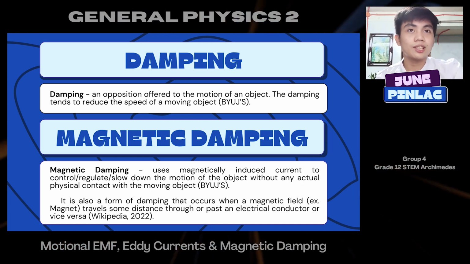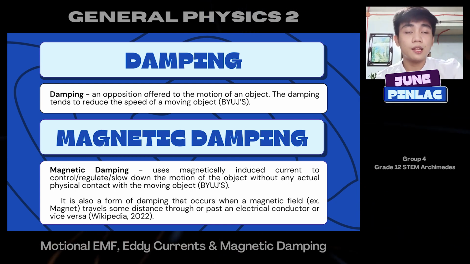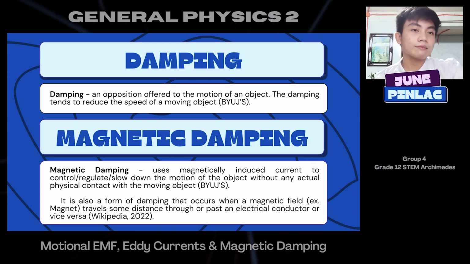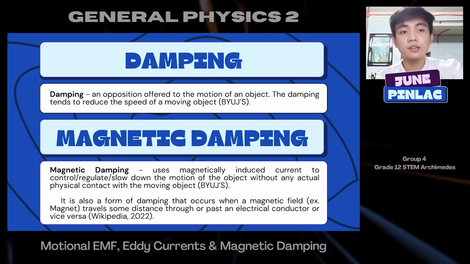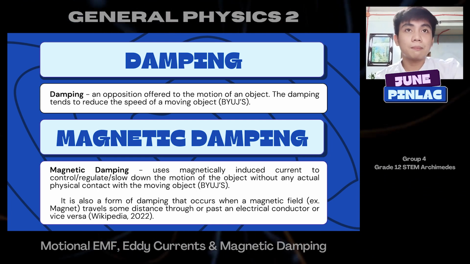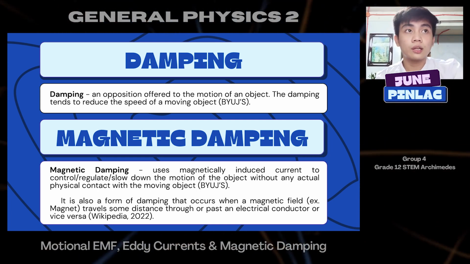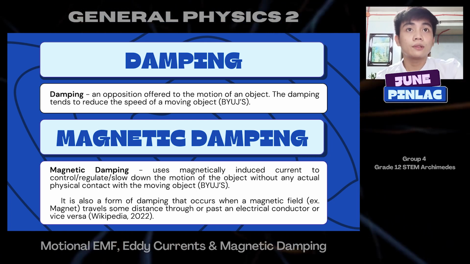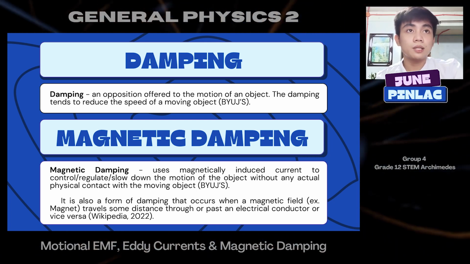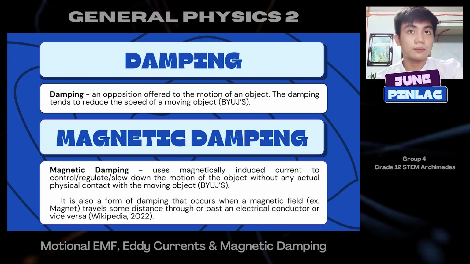In our lesson that relates to motional EMF and eddy currents, ang damping technique na ating ipofocus ay magnetic damping. Again, BYUGAS says that magnetic damping uses magnetically induced current to control, regulate, slow down the motion of the object without any actual physical contact with the moving object.